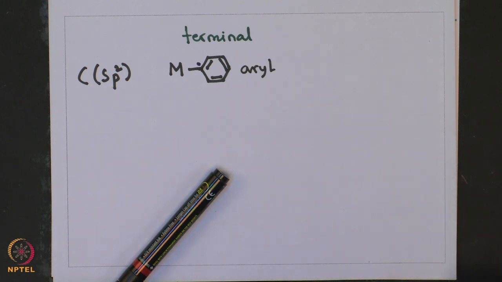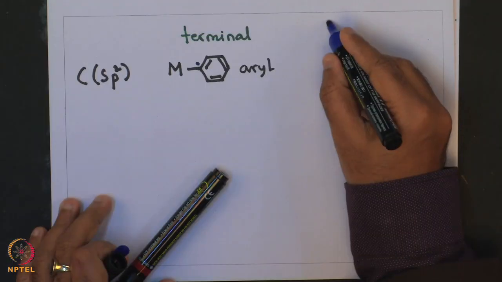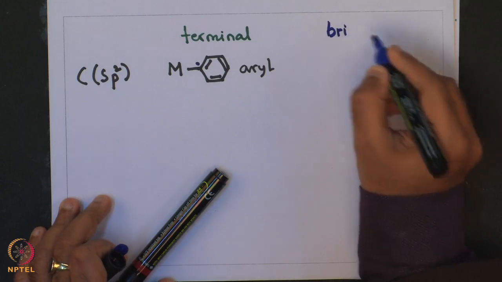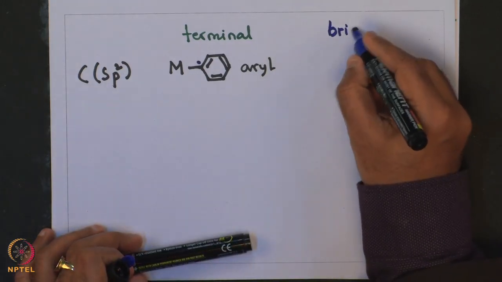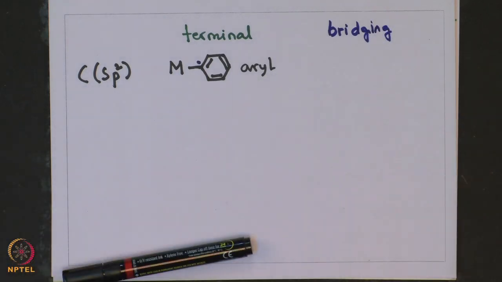Similarly, this aryl group can also bridge and show a bridging binding, the way it is shown here.